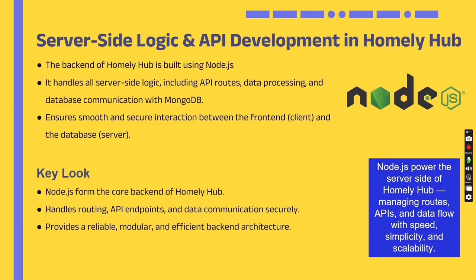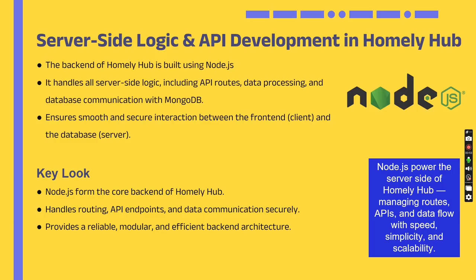Node.js is built on Google Chrome's V8 engine, which makes it fast and efficient. With Node.js, we can use the same language, JavaScript, for both the front end and back end, making web development smoother and more connected. This is the reason why it is widely used in the market.